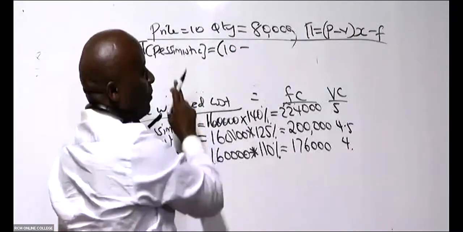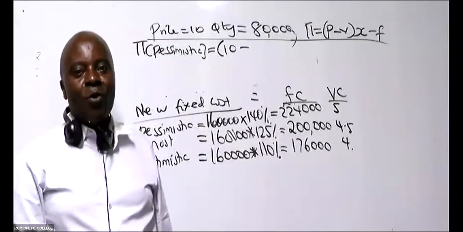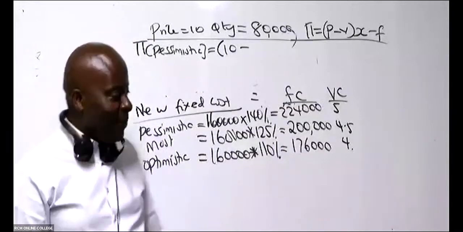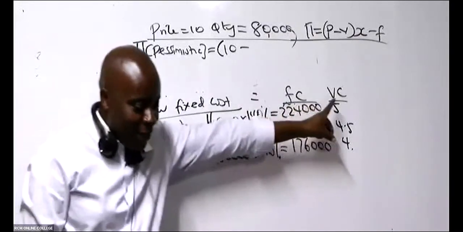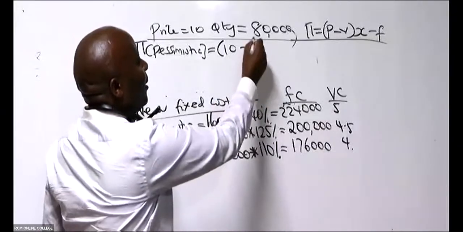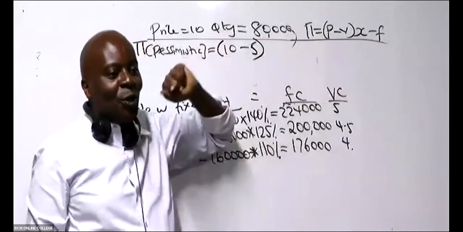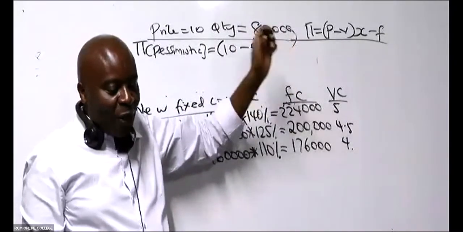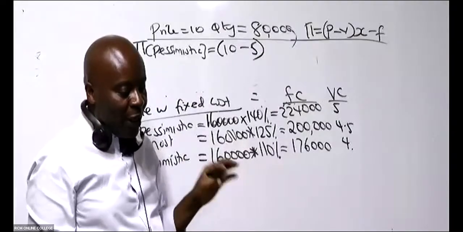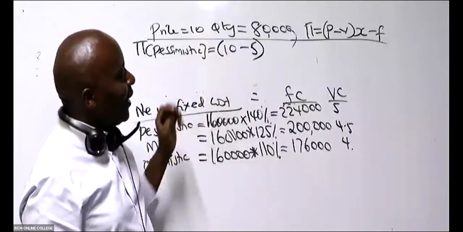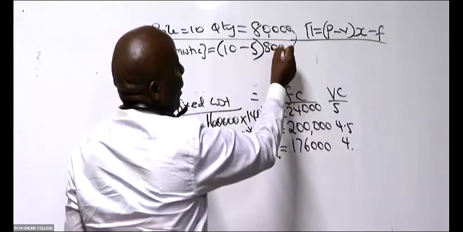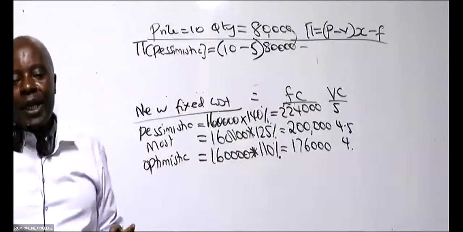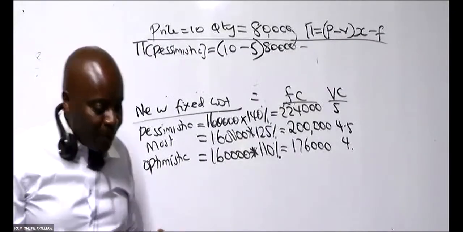If the pessimistic environment prevails, what will be the variable cost? Pessimistic is 5, multiplied by our quantity, following that equation for profit planning. The quantity will be how many units throughout? If we charge a price of 10, the quantity will remain at 80,000. Do we know the pessimistic fixed cost?